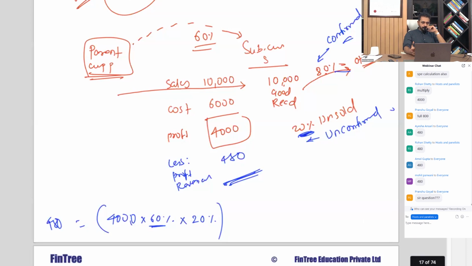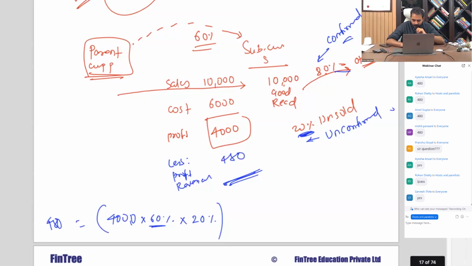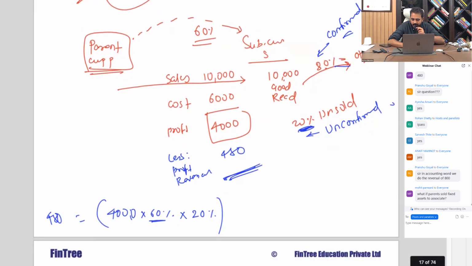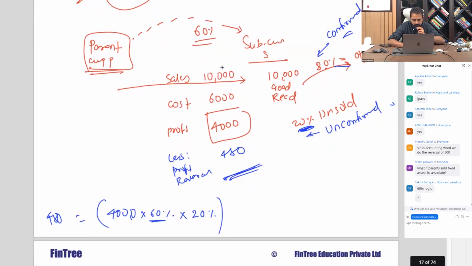Are you comfortable here? Okay, fantastic question. Just put it in the chat box. Someone asks: sir, in accounting we do the reversal of 800. Where is the 800 coming from? We do reversal of 480. The 60% logic: it's 60%, Sakshi, that is the ownership of parent company in the subsidiary company. So that ownership.